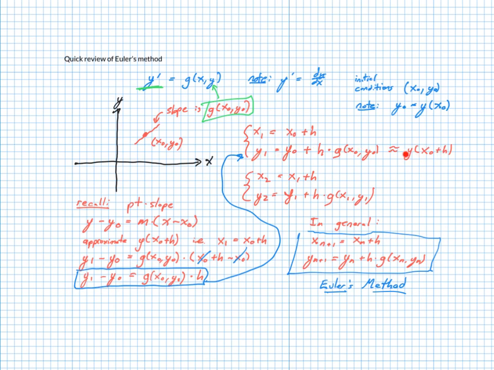If you remember, Euler's method actually gives us an approximation. So we're actually using Euler's method and then using a trapezoid method on top.